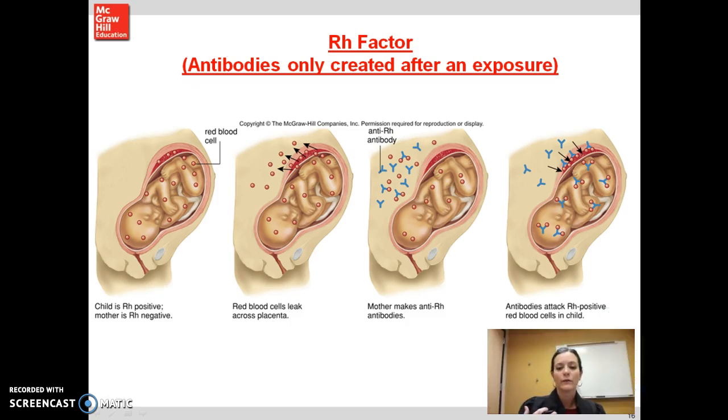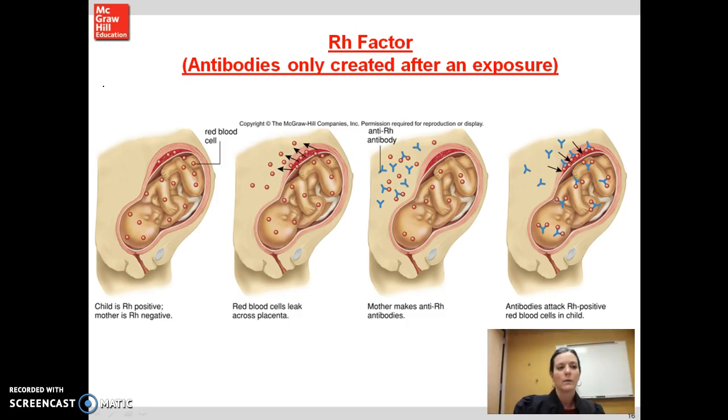There's a particular situation that can be really difficult related to this Rh blood type. One of the quick things I need to explain is that the anti-A and the anti-B antibodies are pre-made in our bloodstream. But remember, I said in the last video that normally our immune system has to be exposed to a foreign substance in order for us to build up the attack against whatever that antigen is.